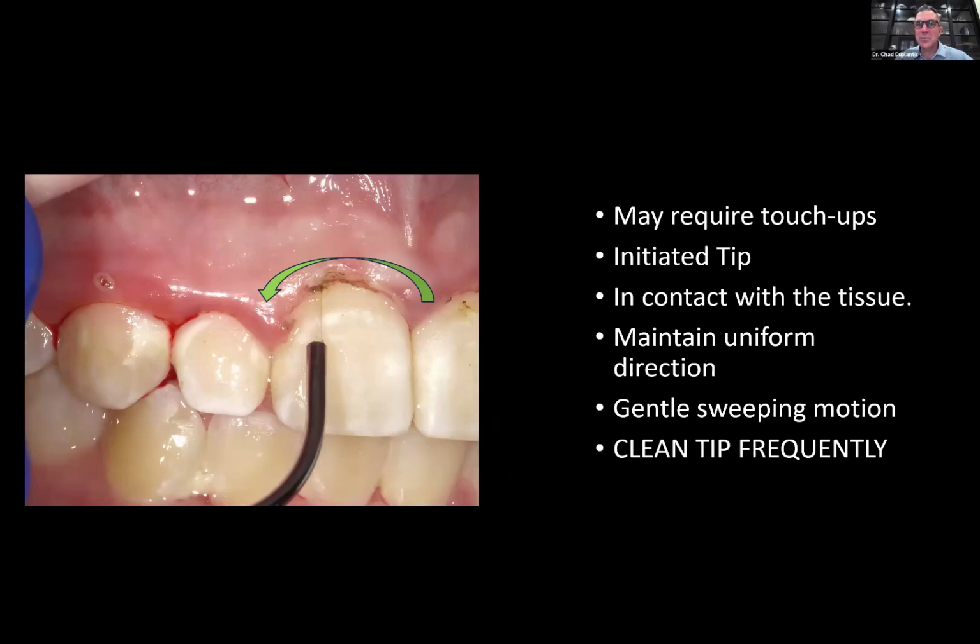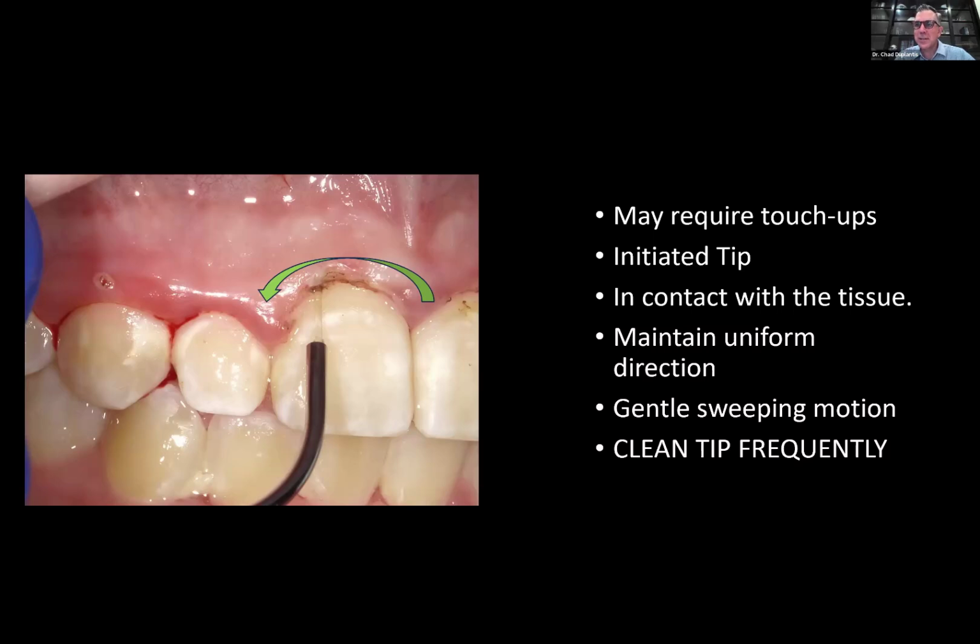One of the things I want to point out is that when you're doing a gingivectomy procedure, you want to make sure that you maintain a uniform direction. You want to constantly have your assistant holding suction over this, and constantly cleaning the tip. You don't want that tissue to get gummed up on the tip, because all that does is extend your depth of cut.